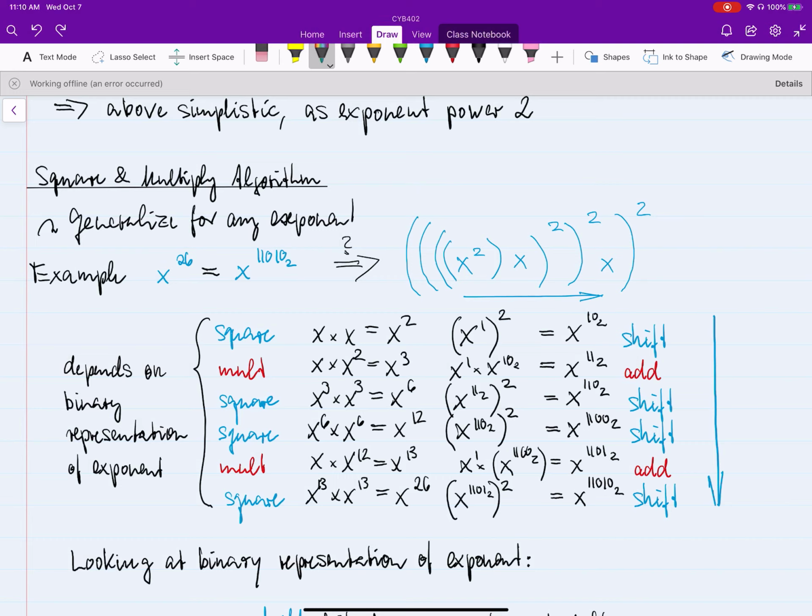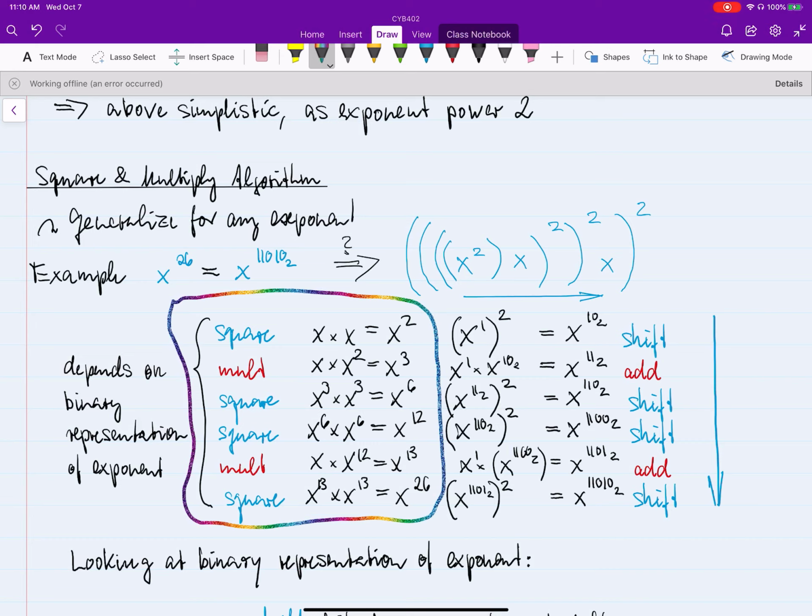Okay, so how can we distill from this an algorithm that can be applied in the general case for any exponent? What you see here has two parts actually. One part is the actual computation that we need to do.